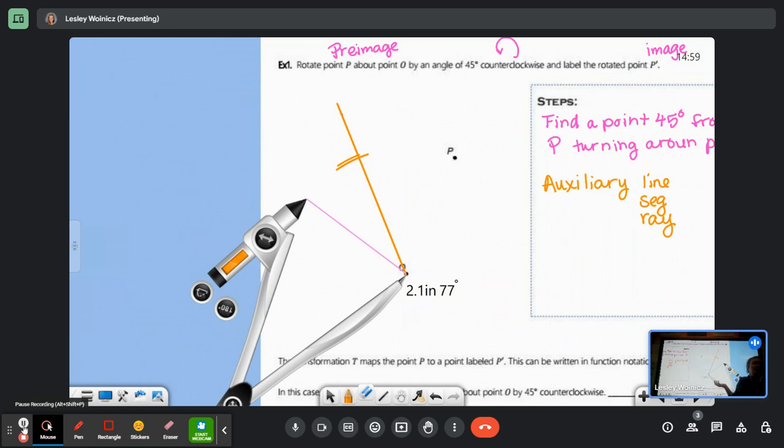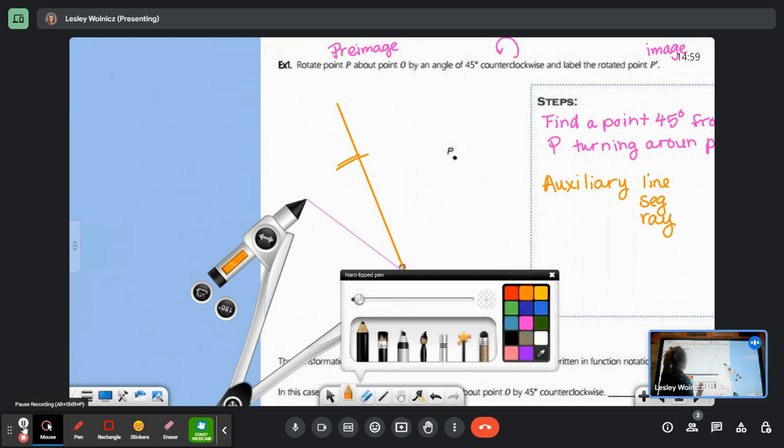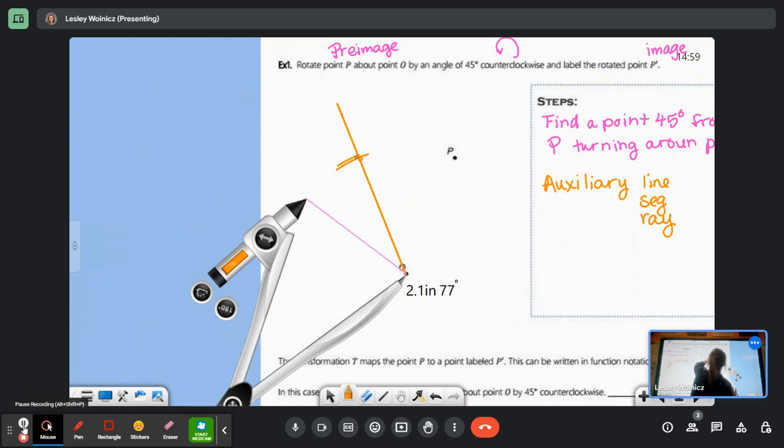You don't have to do it on this one, but the next time we do it, just make a little tick over here. Don't do the whole arc or your drawing will get very messy. That intersection is going to be my P prime. Just to be clear, it's not this one.